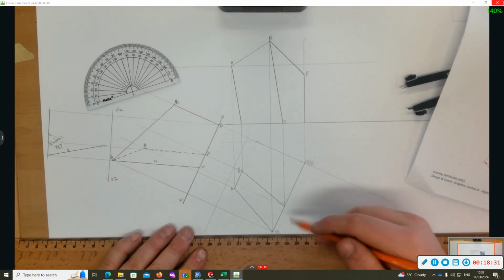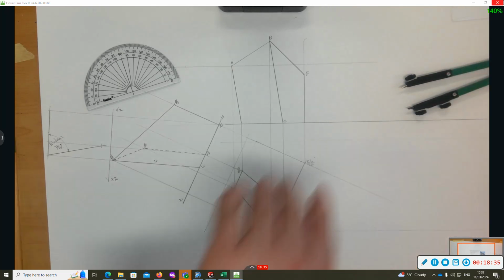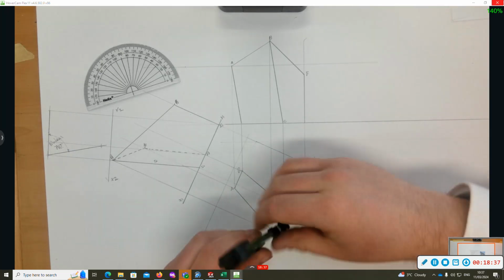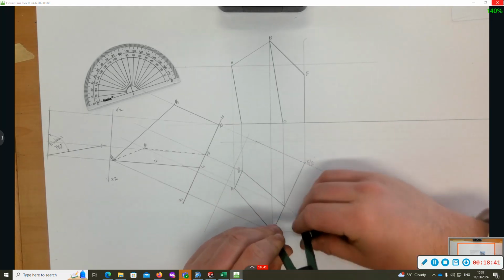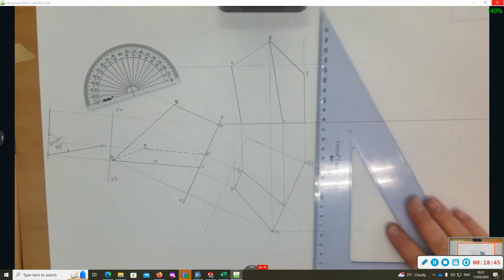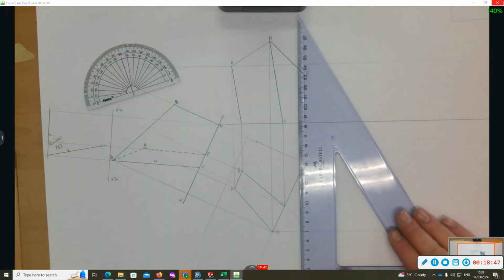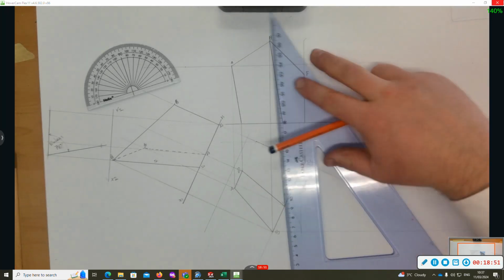So I could draw a horizontal line from B in plan. Get BC, rotate BC in plan until it's on that horizontal line. Bring BC up.